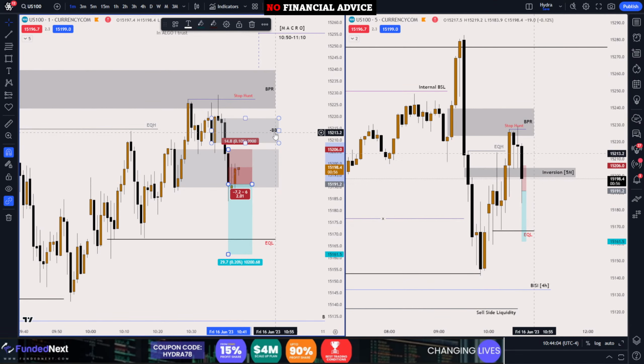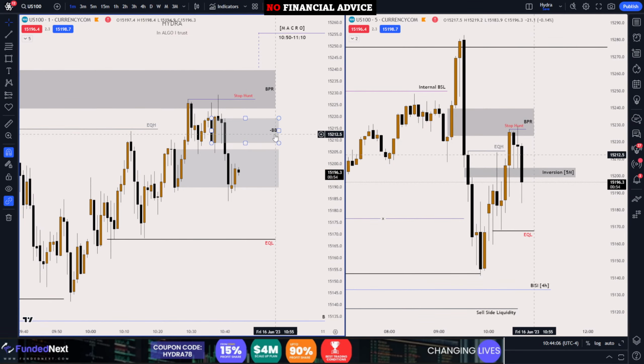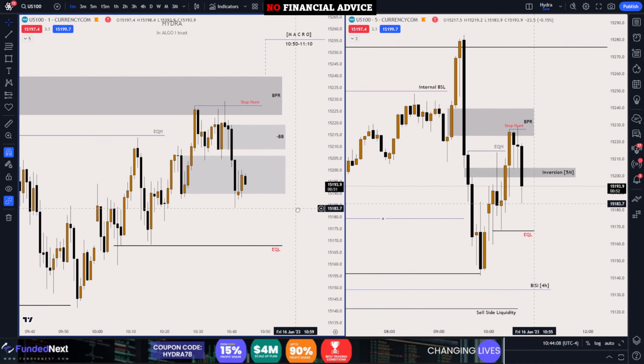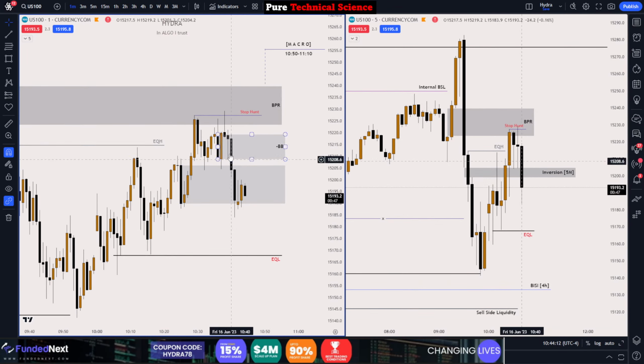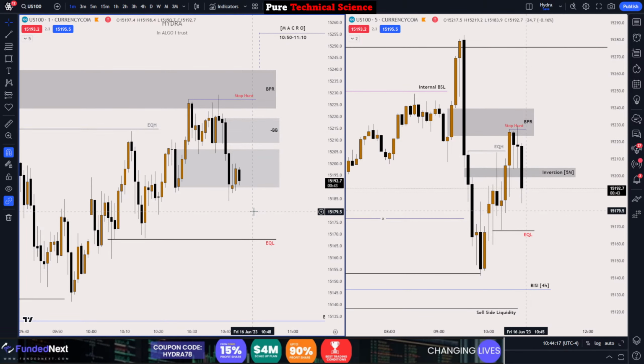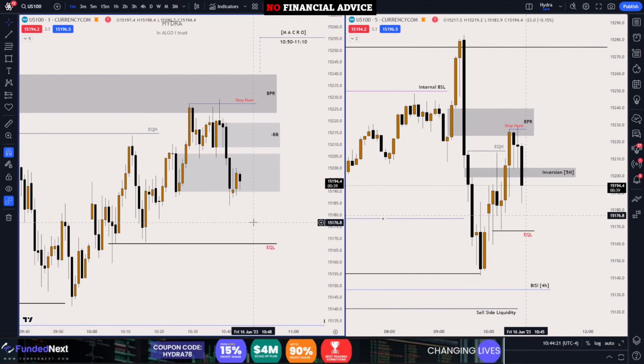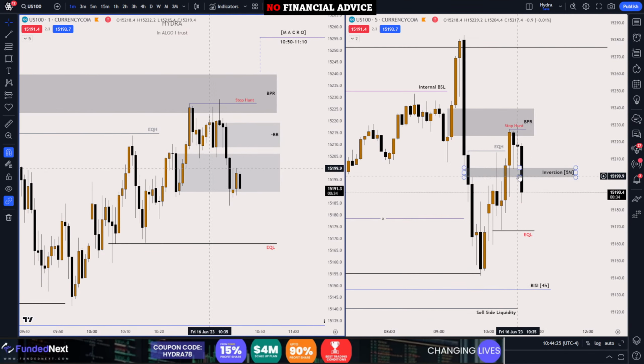So if price is hitting this breaker block right here inside the 1050 to 1110, I'll push the button, but not in this breaker block. I want to see price reaching all the way up here in this breaker block, and then I can engage. Price already confirmed that it wants to move lower by closing a candle body below this inversion.